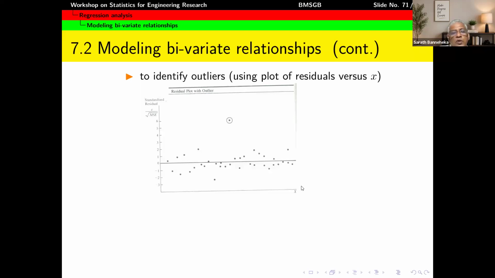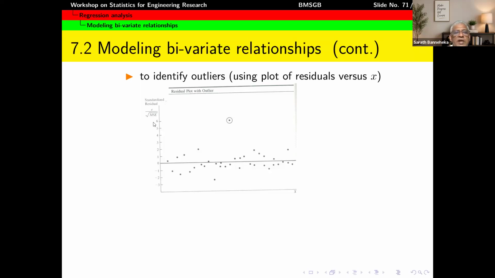And if you plot the residual versus x, right, in this case, sometimes instead of the raw residuals, it's better to plot something called the standardized residuals or studentized residuals. There are two types, standardized residuals and studentized residuals. Those are obtained by dividing the residuals by some quantities to do a standardization, right?